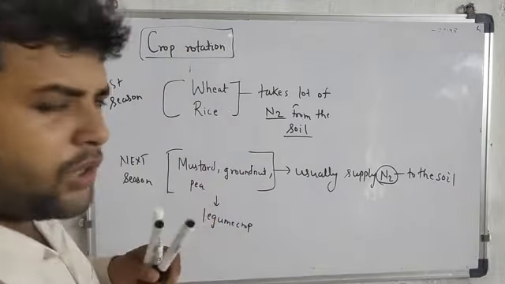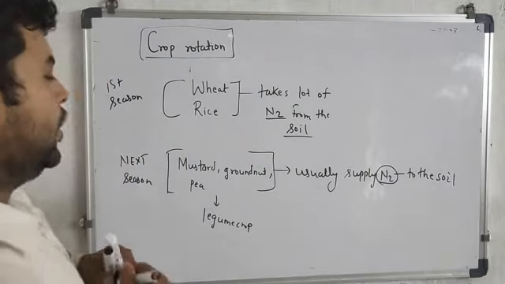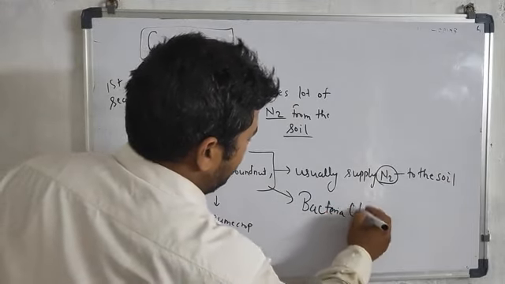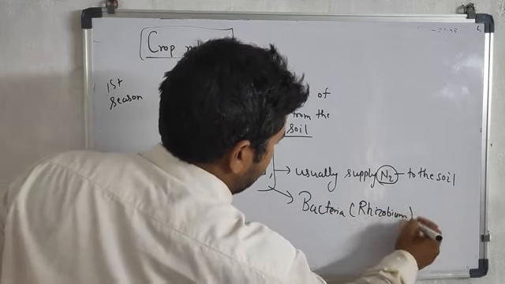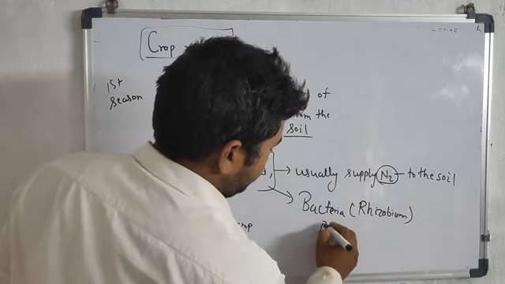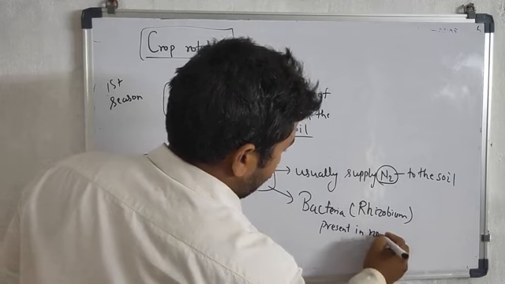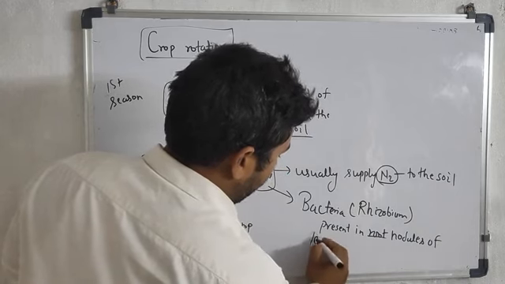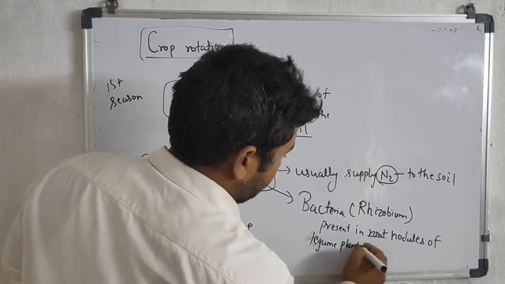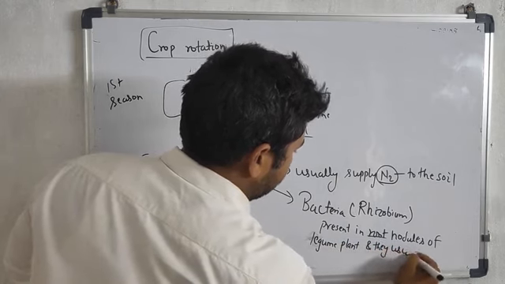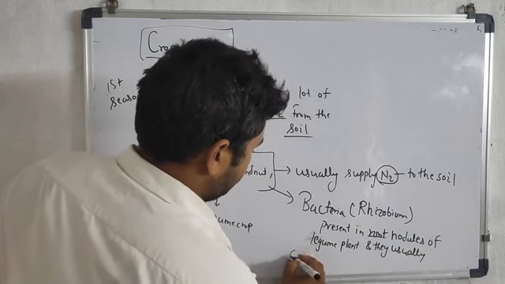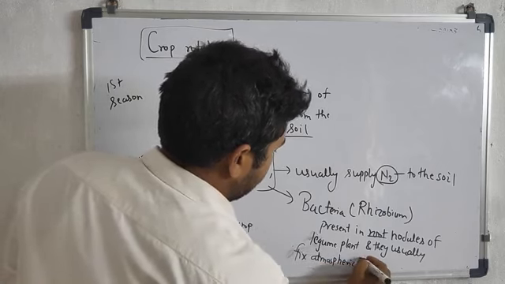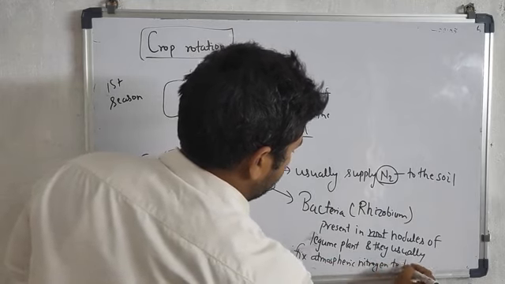Whenever you go to the next classes or the higher classes, you will discuss a bacteria that is called the rhizobium bacteria, present in root nodules of legume plants, and they usually fix atmospheric nitrogen into the soil.